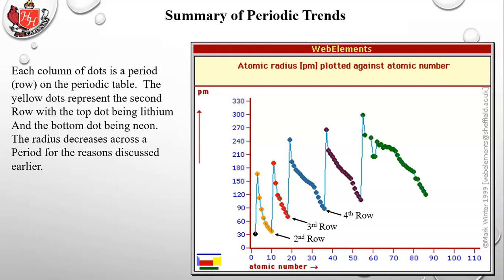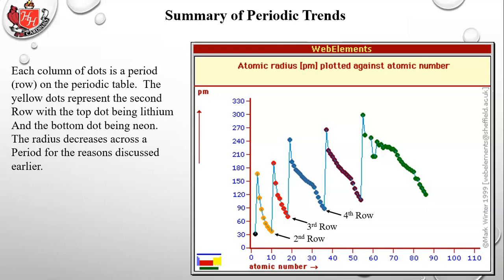So let's read this. Each column of dots is a period, or row, on the periodic table. The yellow dots represent the second row. Hydrogen and helium are down there, that dark dot in the bottom left, and then you get to the second row elements. The yellow dot on the top is going to be lithium.